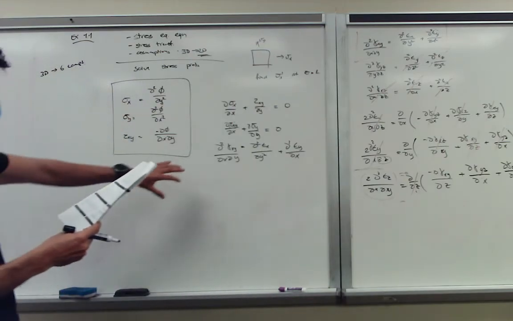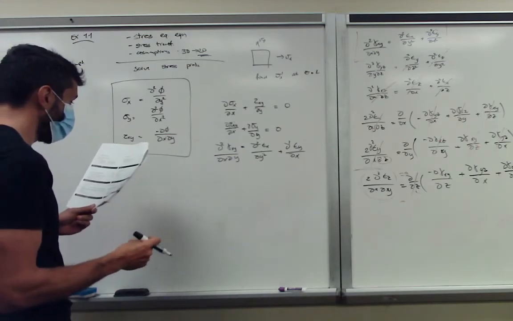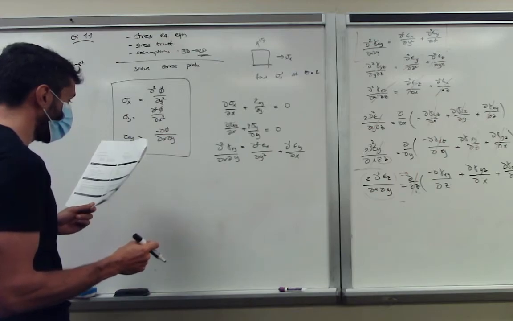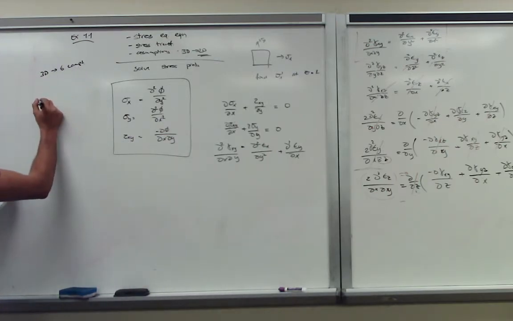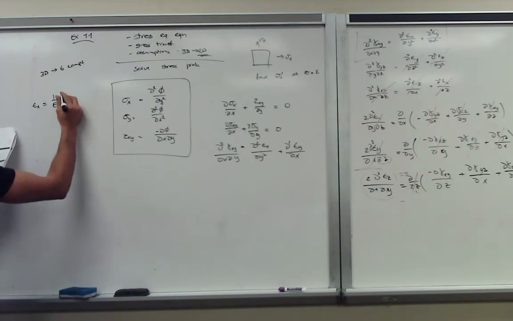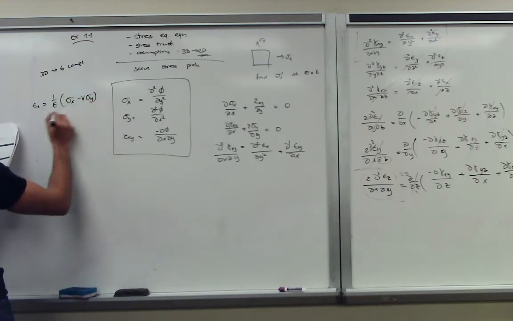And now what we do is basically use Hooke's law. Basically it says epsilon x is equal to 1 over E sigma x minus mu sigma y.